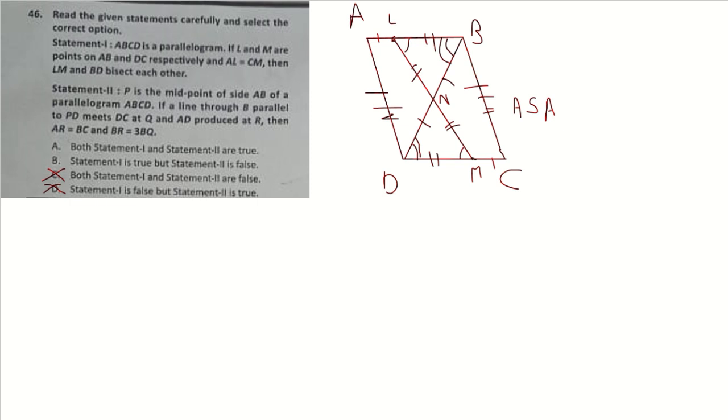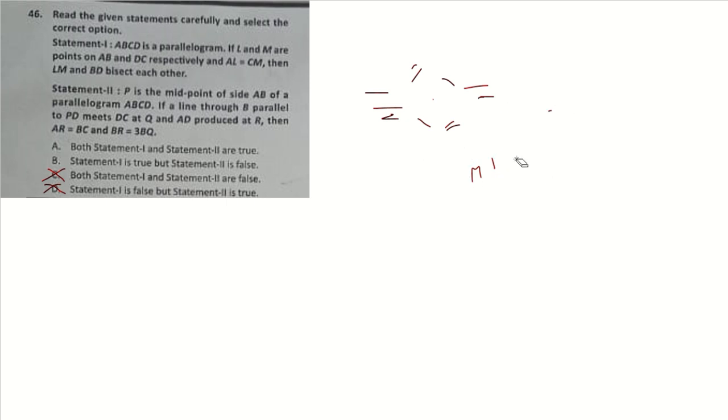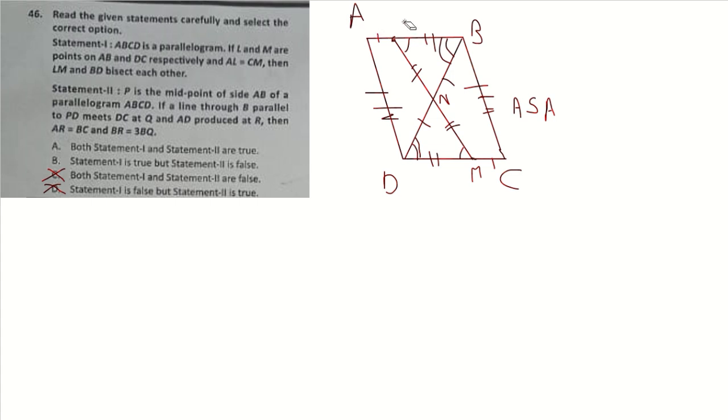Now for the second statement. P is the midpoint of side AB of parallelogram ABCD. If a line through B parallel to PD meets DC at Q and AD produced at R, then AR equals BC and BR equals 3BQ.